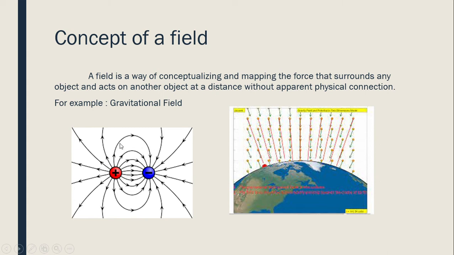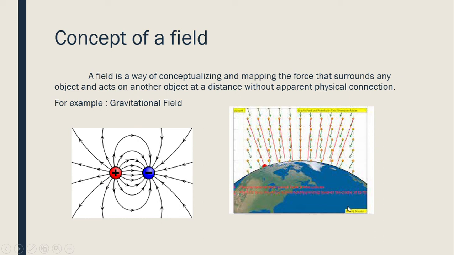That's why, as you can see, these lines here, what happened? There is a connection because they are attracted to each other. Because positive and negative are unlike charges. But the area that surrounds these charges is what we call the electric field, where the force of these charges is present, as well as the gravitational field.